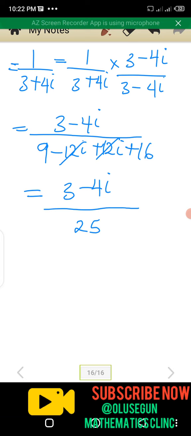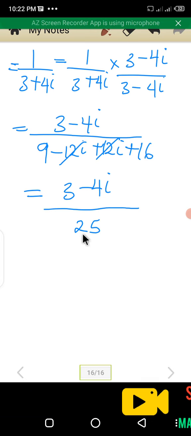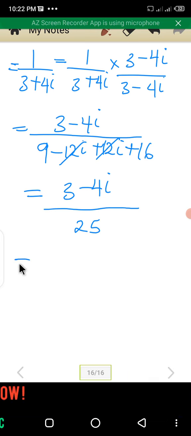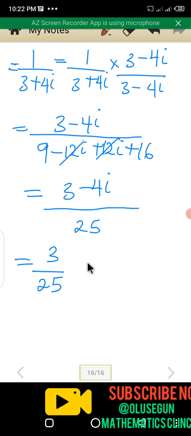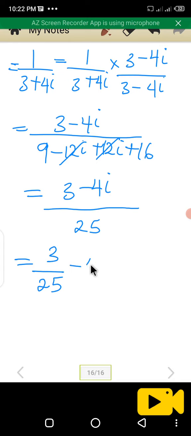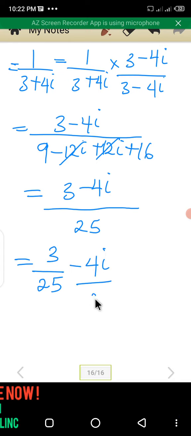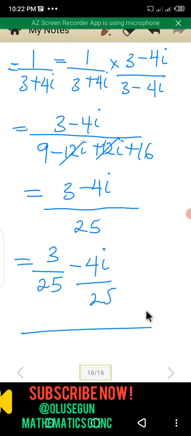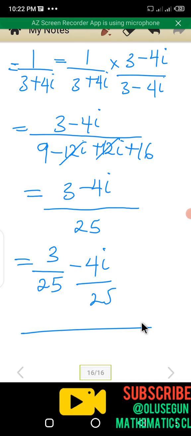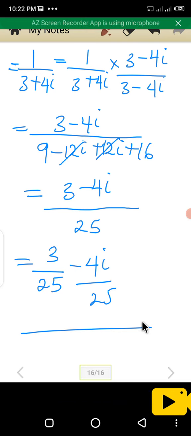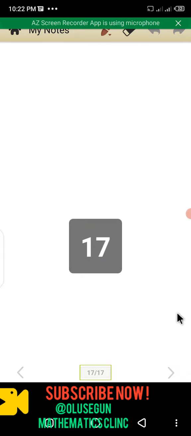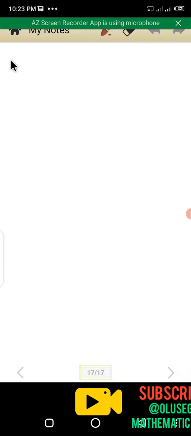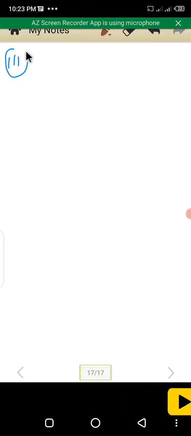So we now have 3 over 25 minus 4i over 25. That is the final answer. Let's solve the next example, which we call the third here.